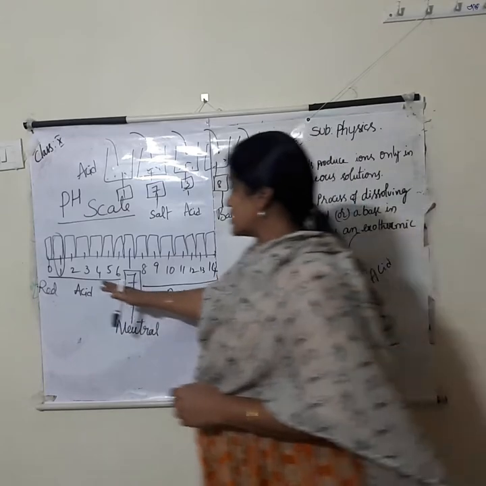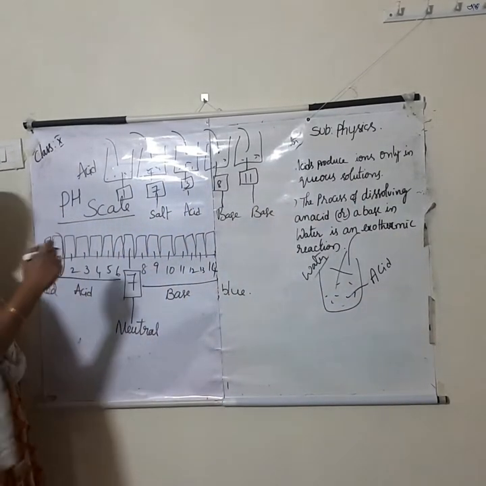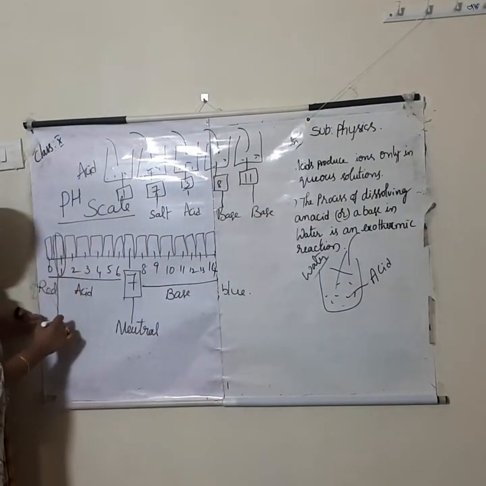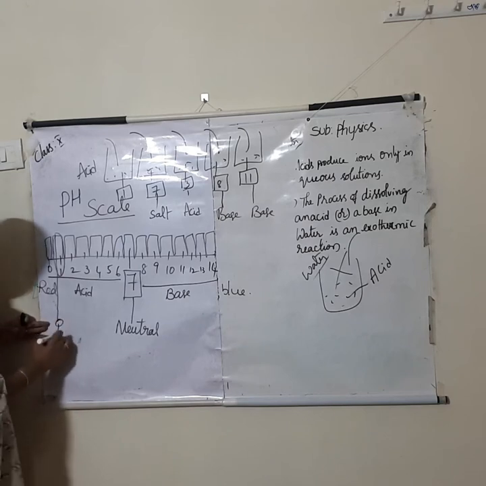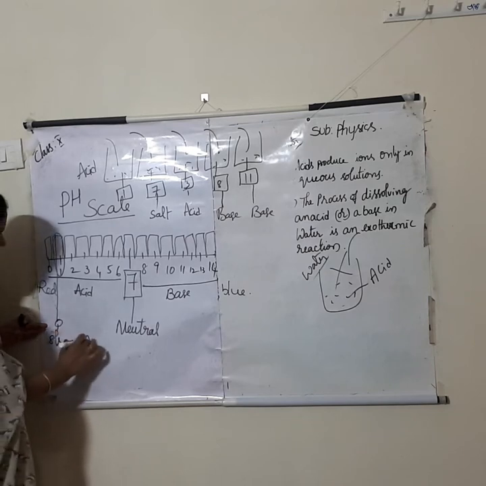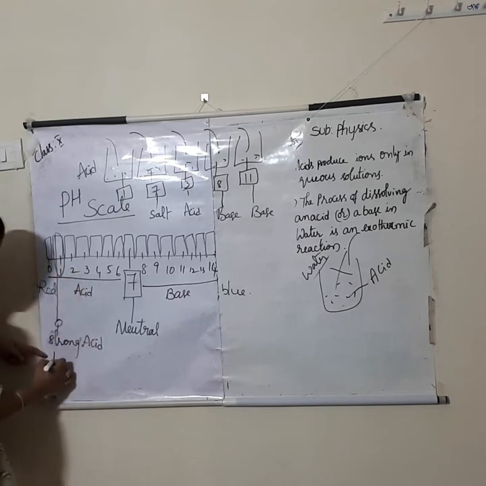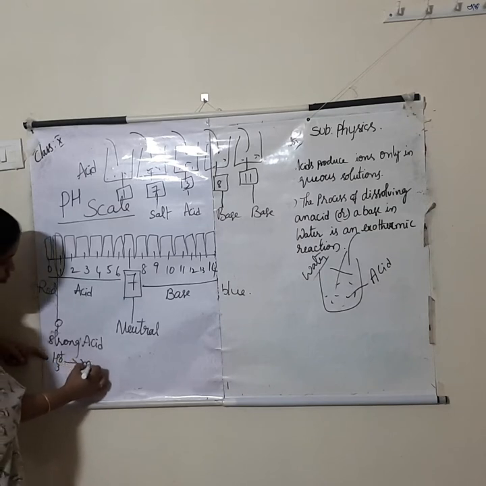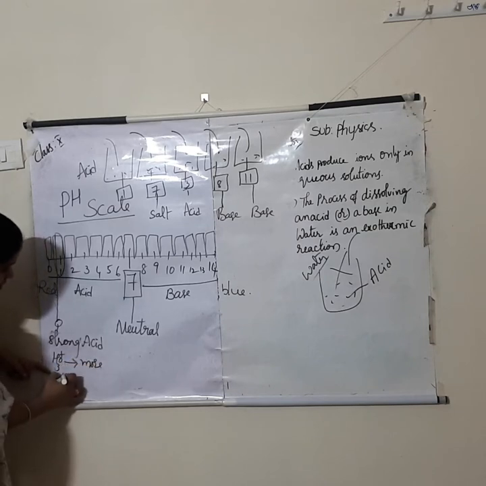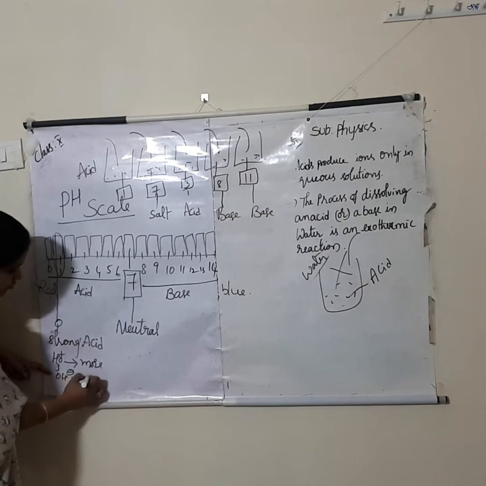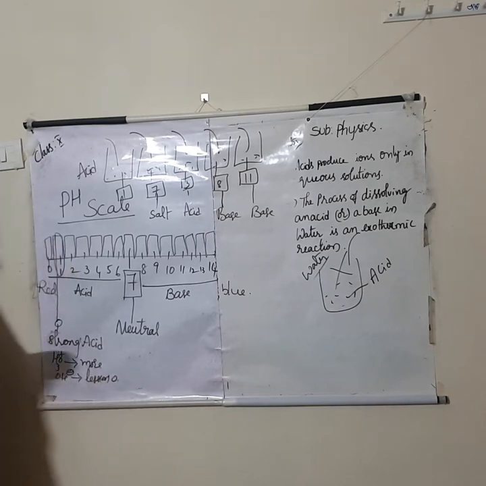Now coming once again to this scale, here 1 means it comes under strong acid. At 1 the number of H3O+ ions is more and OH- ions are very less or zero.